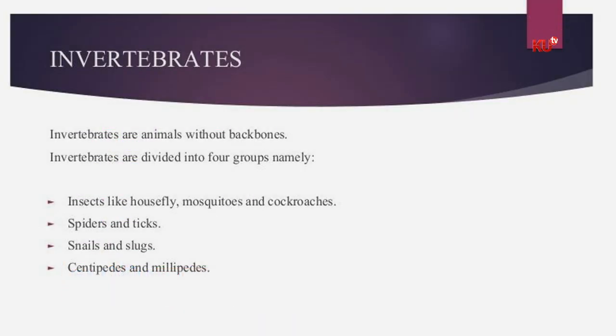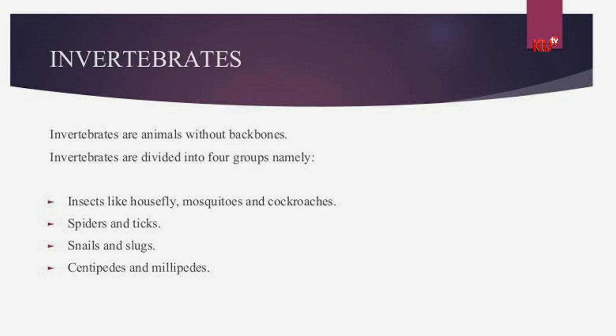Number three, snails and slugs. And number four, the last group under invertebrates is centipedes and millipedes. Those are the 4 groups in case you are asked anywhere, maybe by a teacher or your friend.